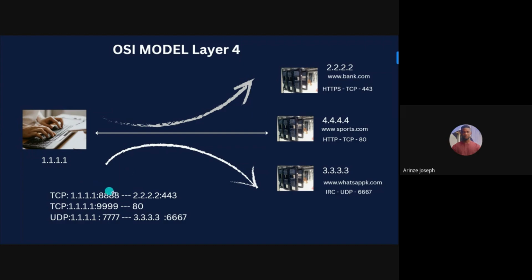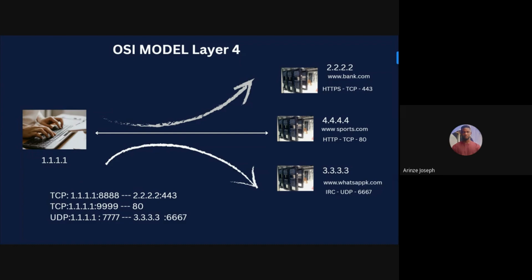So once these two ports are opened and the connection is sealed, you see that port 8888 from IP address 1.1.1.1 has been reserved for IP address 2.2.2.2 port 443. And that is being done in one phase.